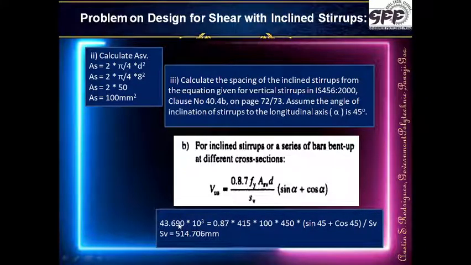There is a mistake over here. So the value which we had got of VUS, that is 43.690 into 10 raised to 3, will be equal to 0.87 into 415 into 100 into 450, into sine 45 degrees plus cos 45 degrees, divided by SV. So from here we get the value of SV as 514.7 mm.